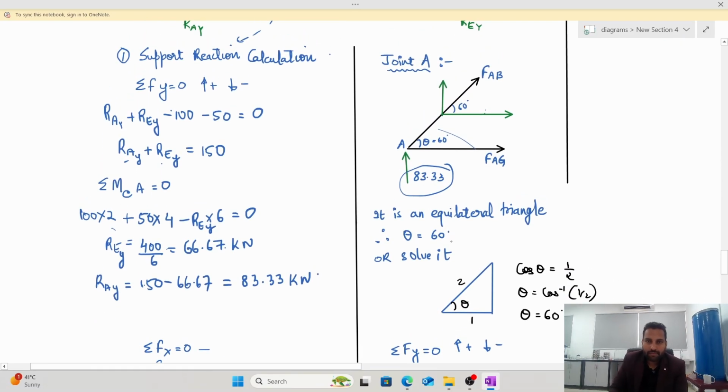No need for doing tan theta, cos theta, directly you can understand this. Or if you want to solve this, hypotenuse is 2, this is 1. So you can take adjacent over hypotenuse, which is cos theta, which is 1 over 2. So you will get 60 degrees. You can solve it, or if you know in equilateral it is 60, then that is also fine.